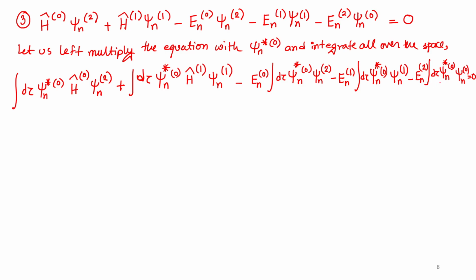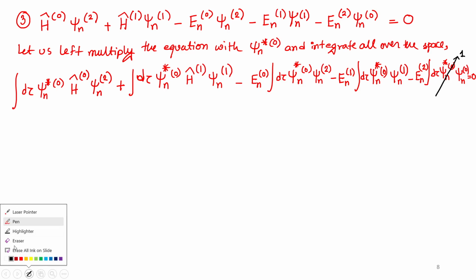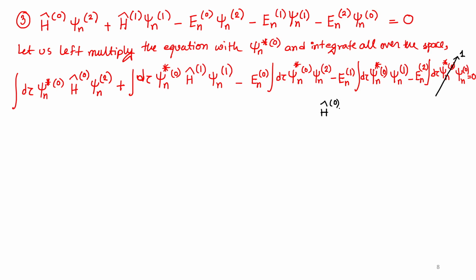Basically, you can see now this is a normalized condition, and this will lead to 1, right? 1 for this part, En2 is going to be there. And also this is Hermitian, as we have discussed for the first order correction also, that as H0 is a Hermitian operator, this d tau.